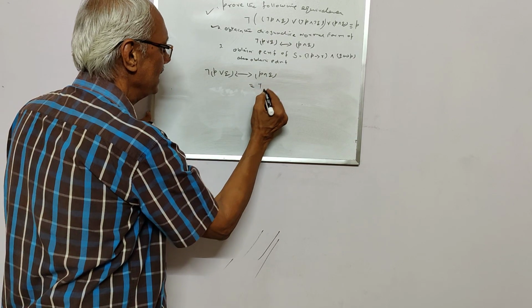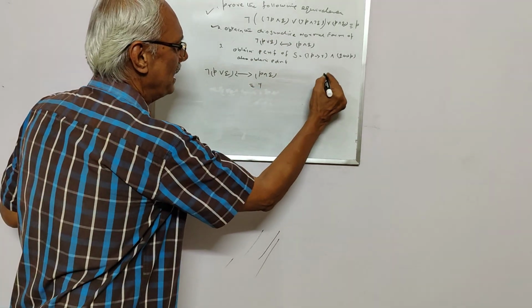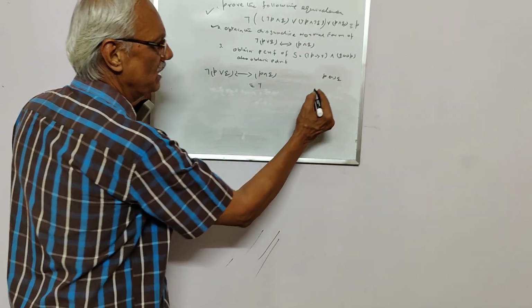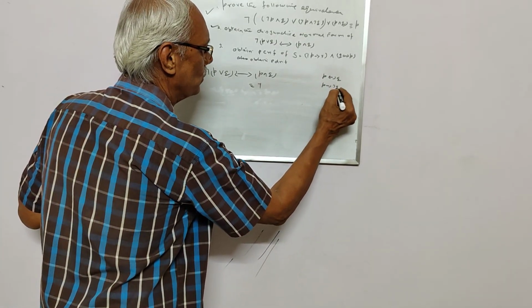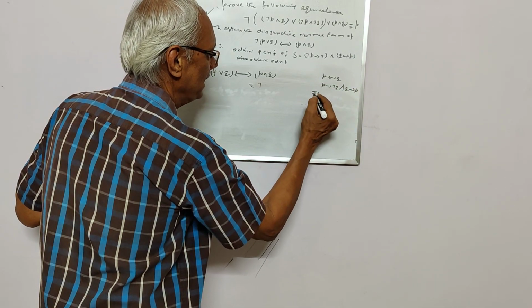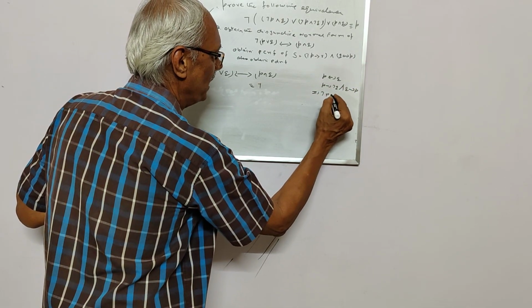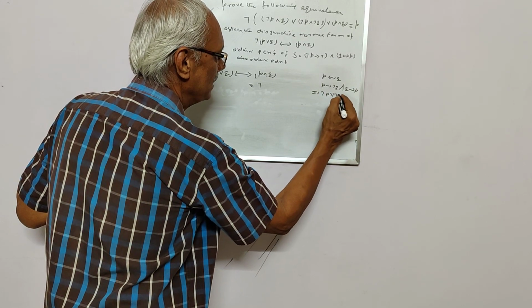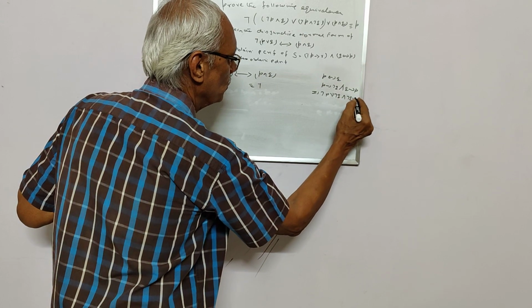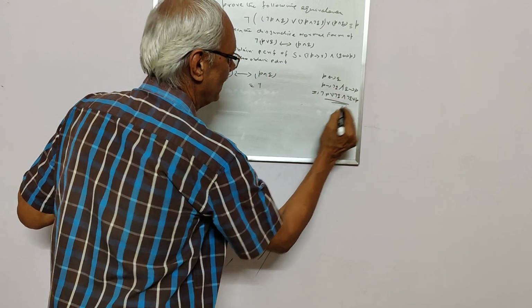The meaning of the two-way implication is P implies Q and Q implies P. So this means negation of P union Q, intersection negation of Q union P.